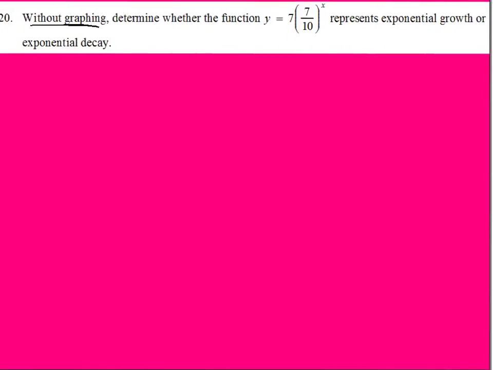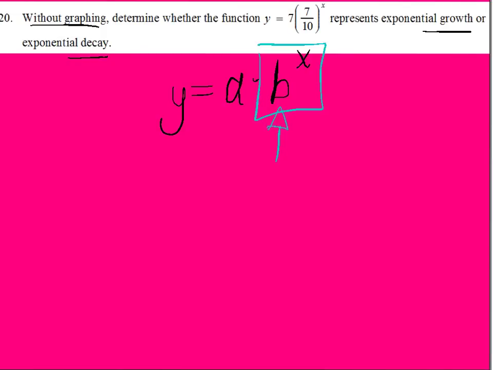Alright, and our last problem, number 20, says without graphing, determine whether the function represents exponential growth or exponential decay. Now, when we're trying to determine exponential growth or decay, our function, first of all, is a times b to the x. Remember, this b to the x is our parent function. And that's what we're going to look at. We're going to look at the b. If b is greater than 1, then we have a growth.